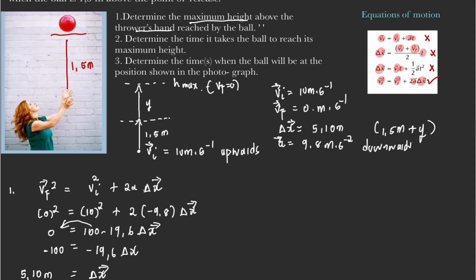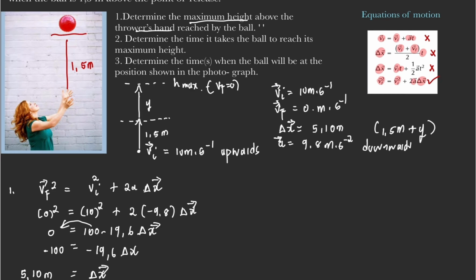So that is sorted. I know the rules about time. Now I'm going to look at a formula that will help me calculate the time that this ball takes to reach the maximum height that I just calculated in question 1. So we go to formula 1. Do we have our initial velocity?